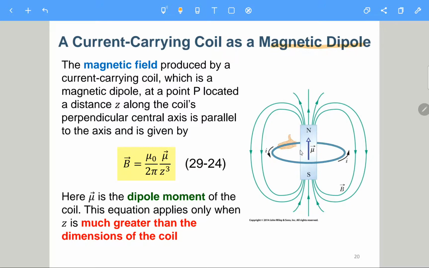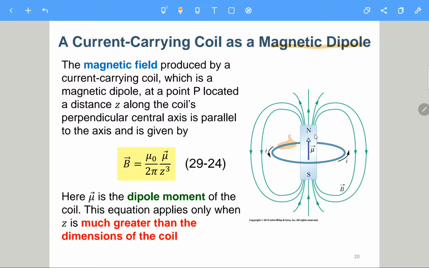Here, you can consider a magnetic bar. It will generate magnetic field lines like this.